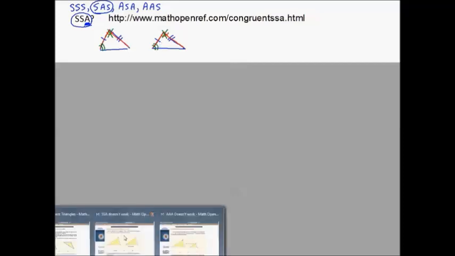If the angle is not connecting or included, so included means here, between or connecting. If it's not, so instead of it being up here, what if we put it not connecting, like down here? So let's go back to that picture so you can see what that's going to look like.